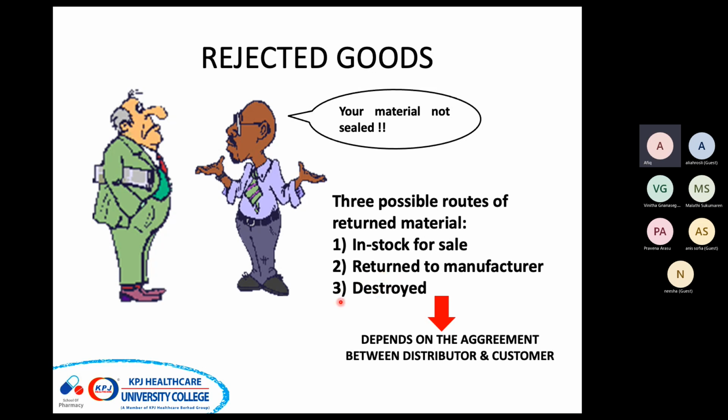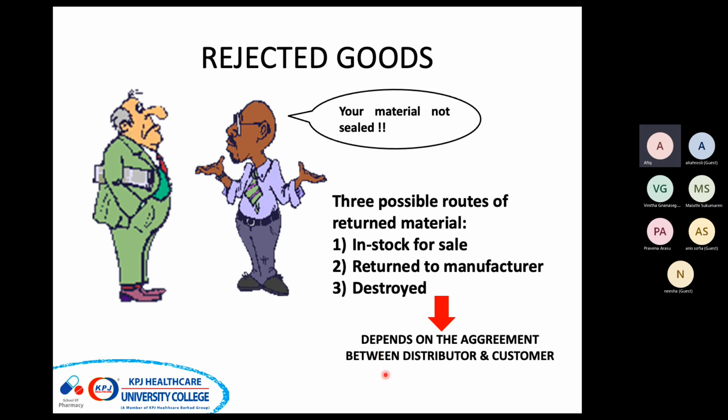For the third option, the material itself may have been contaminated, so it's just a waste of time. Even if you return it to the supplier, they will also discard it. But all of this depends on the agreement between the distributor and the customer, which is you.